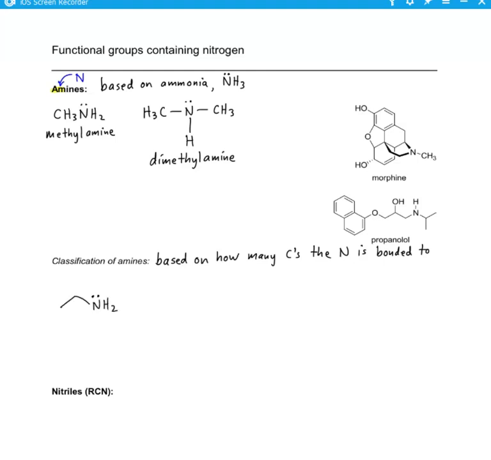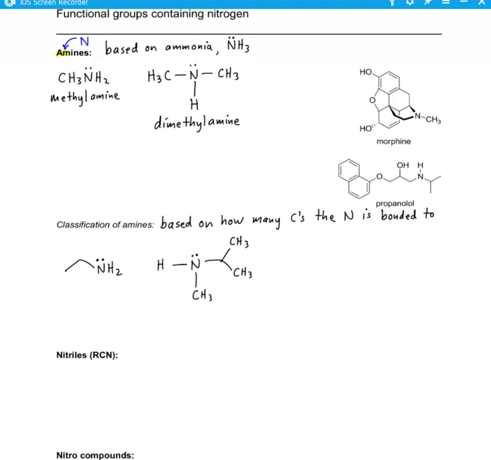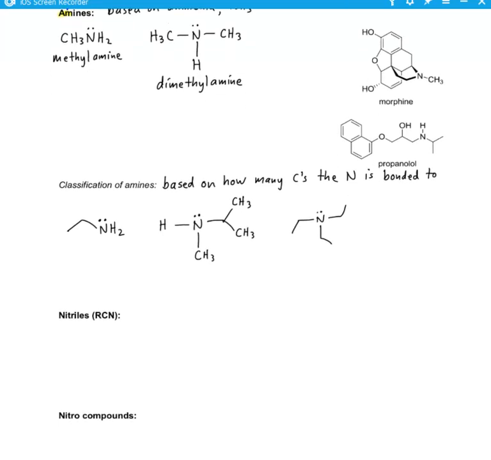I'm going to draw out three structures. And let me fix up this one so that it's not so horrifying. And there we go. All right, so from left to right.